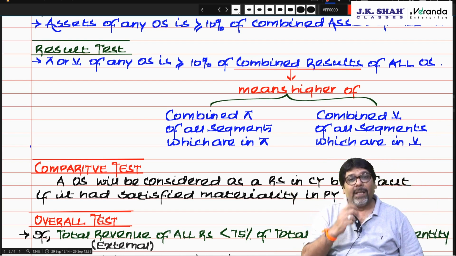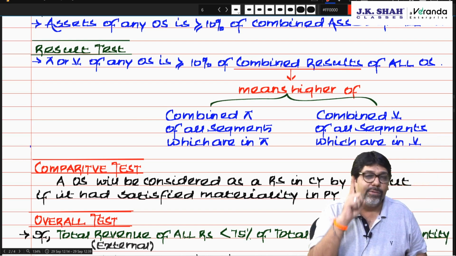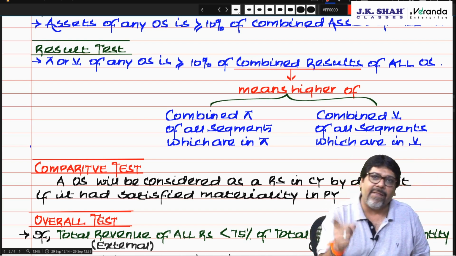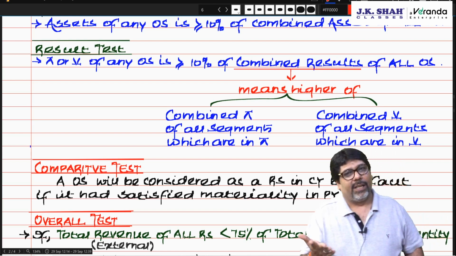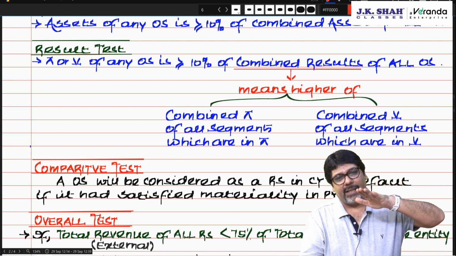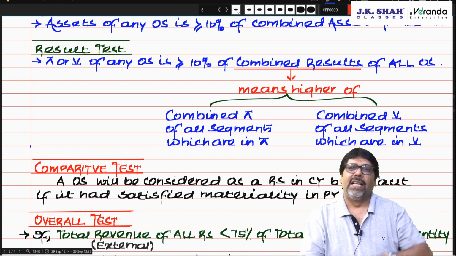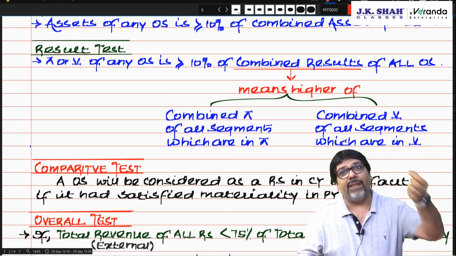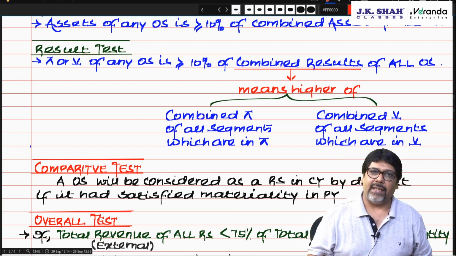Am I clear? Materiality test means you do not have to satisfy the asset test, revenue test and result test, all three. Any one test you satisfy, you satisfy the materiality test. If you have satisfied materiality test in the current year, then by default you become a reportable segment next year, even if you do not qualify any materiality test.